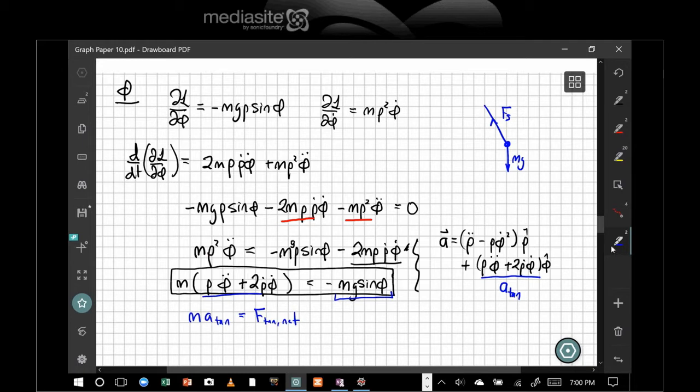That tangential component is minus mg sine theta, or phi in this case. Again, this was mentioned in class. One way of checking is to make sure it gives us the same result as Newton's law. Now, it would have been hard to get Newton's law, but not that hard. So that makes a lot of sense. That's phi. Let's do rho.